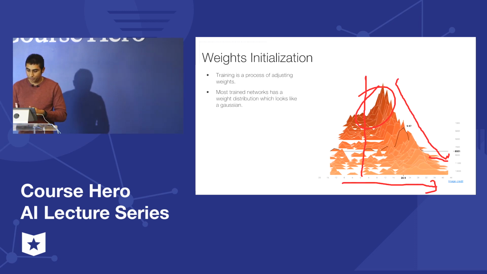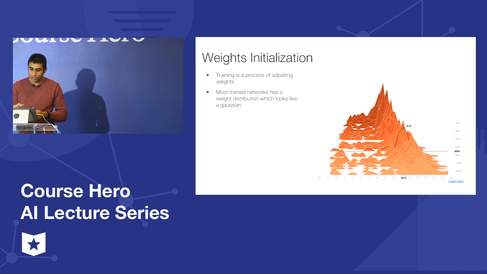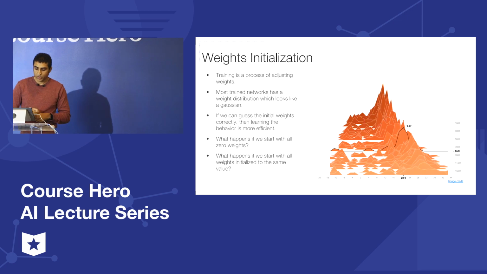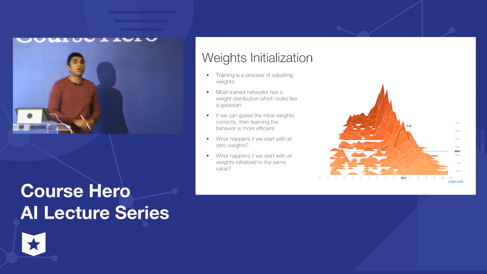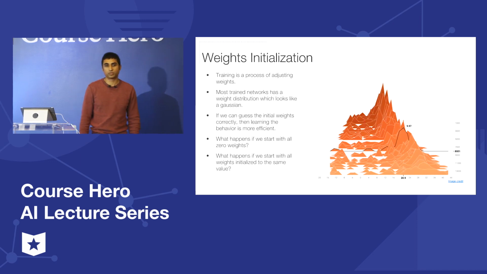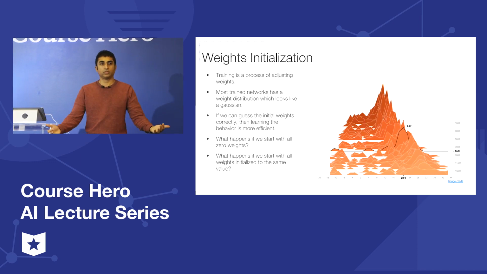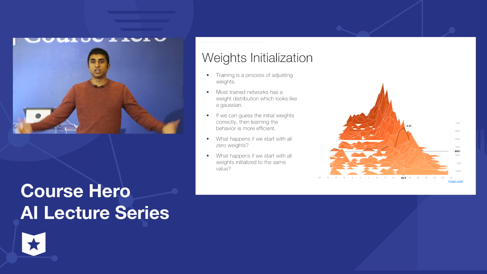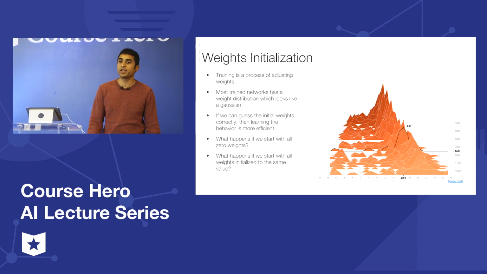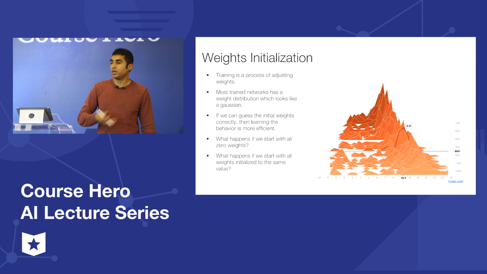So let's say I have multiple possibilities. What if we start with all weights 0? You don't learn anything. There's nothing to learn, because the transfer potential is the signal, which is xi times w. Anything times w is 0, the entire network is going to be 0.